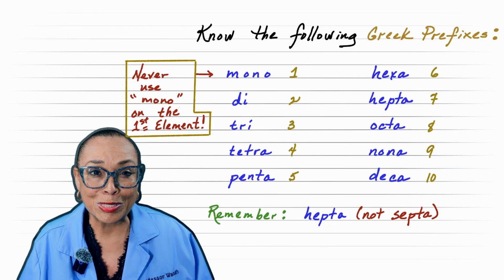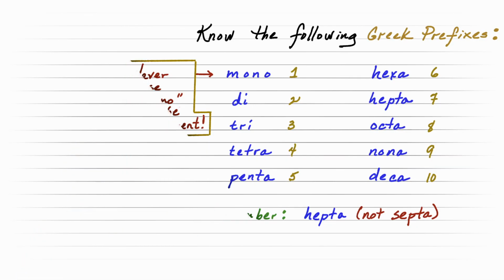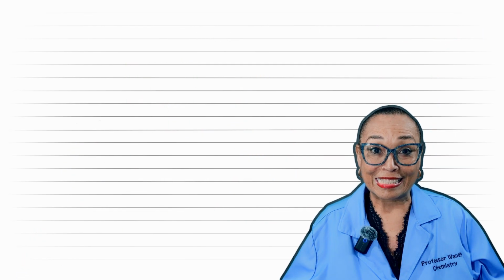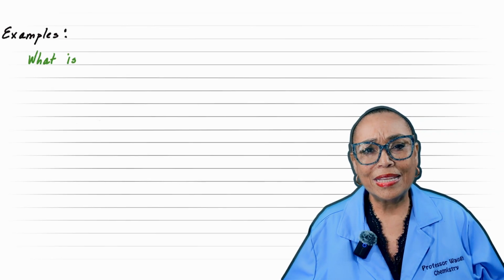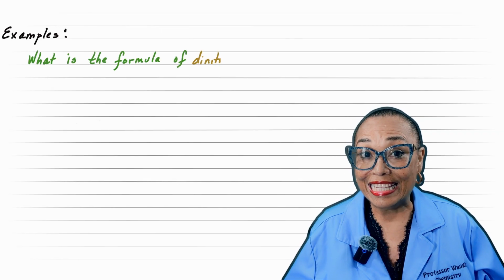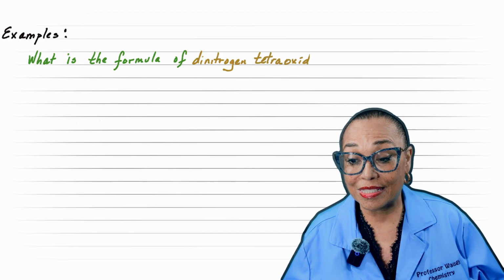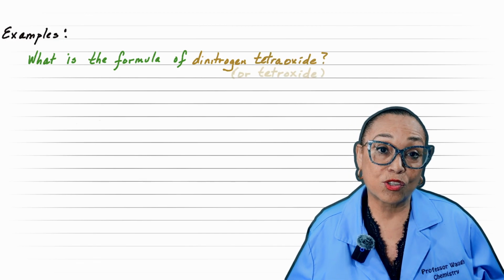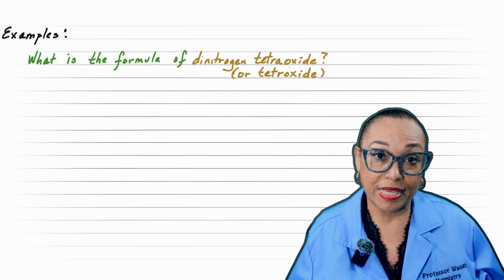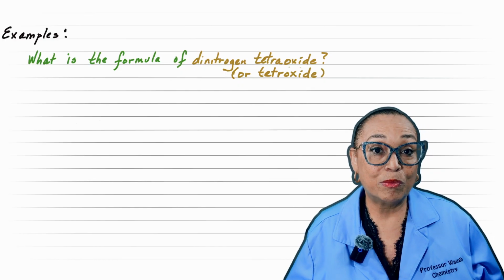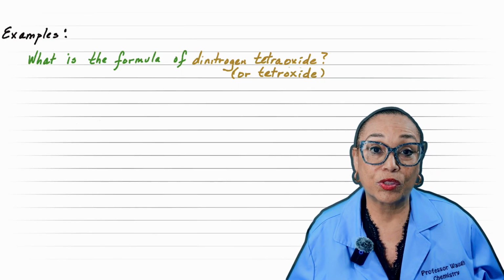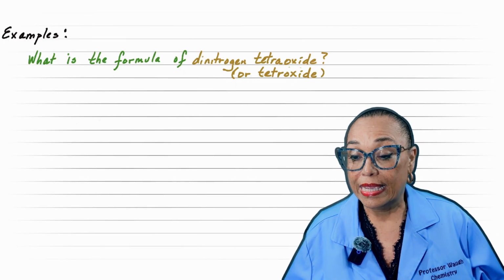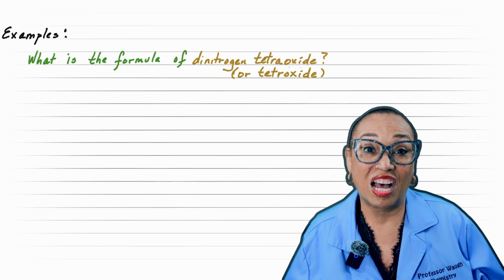All right, let's do some examples. I think that'll make it clear. What is the formula of dinitrogen tetraoxide? Now, you could say tetroxide. That's what I would say because I'm old. But in the Handbook of Chemistry and Physics, they let you put the two vowels together, the O and the A. So you can say tetraoxide.